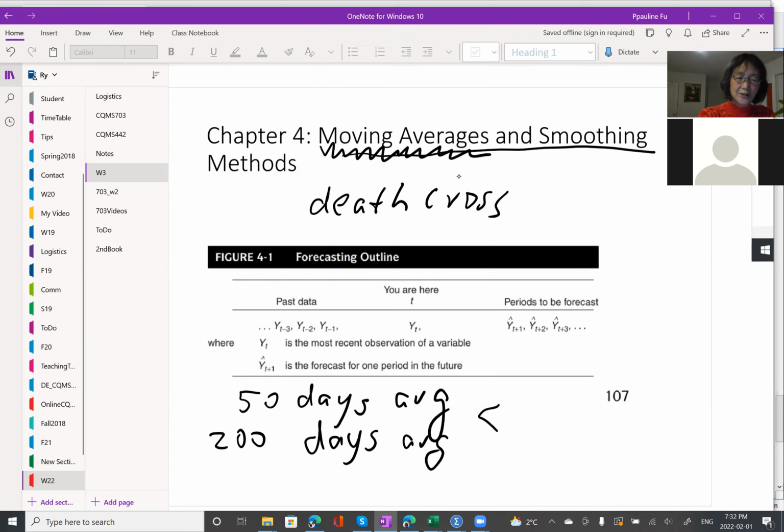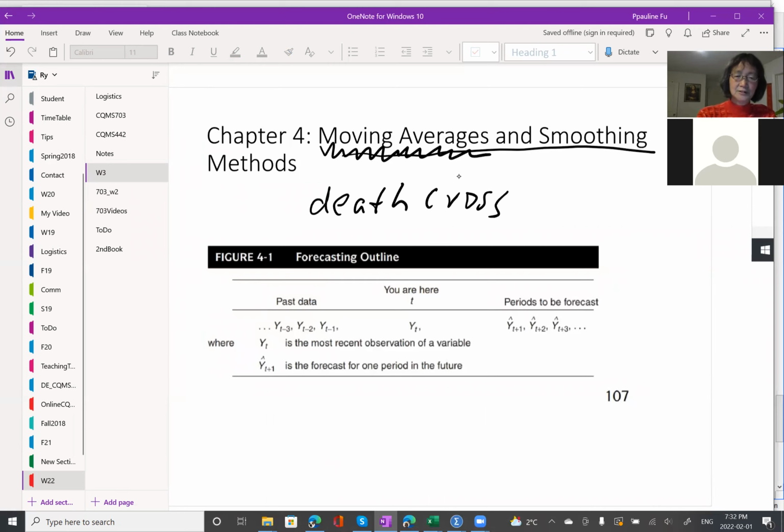Okay, so first we introduce some notation. If the data is YT, that refers to today, and the data for tomorrow, we are going to use T+1 and then hat, because tomorrow will always be a forecasting day.